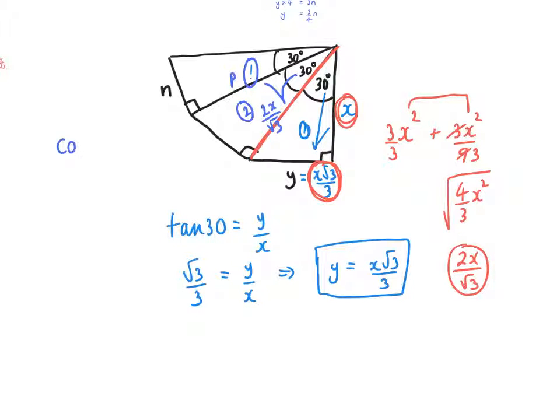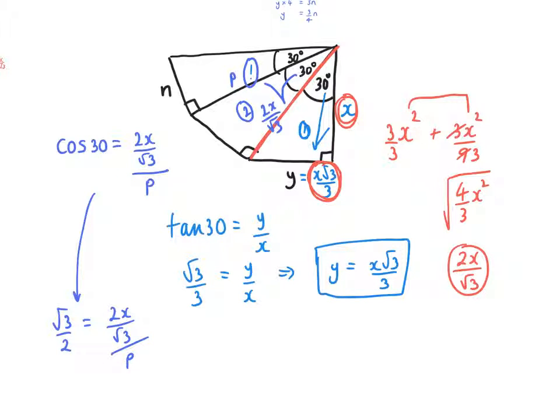So that means cos of 30 is the adjacent, which is what we've just found, 2x over root 3, over the hypotenuse, which is P. Well, let's have a look what that is. The cosine of 30 is the sine of 60, which is root 3 over 2. Here we have 2x over root 3 divided by P.